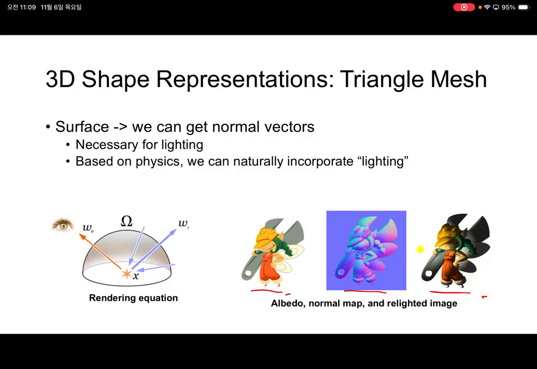As you can see here, the light changes, right? For the lighting, this is the rendering equation, and mathematically, the normal vector is necessary for relighting. So based on physics, we can naturally incorporate lighting in triangle mesh, so it's very easy to incorporate lighting in the triangle mesh. That is another reason why all the animation and computer graphics in industry and research are based on mesh.